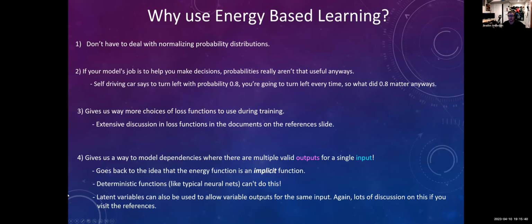And so you need a way to tell the system that there's multiple correct outputs. And there's extensive discussion on use of latent variables, where you can take, say, an extra variable z and vary that over some set to change the output given a constant input. Lots of discussion on that in the references.